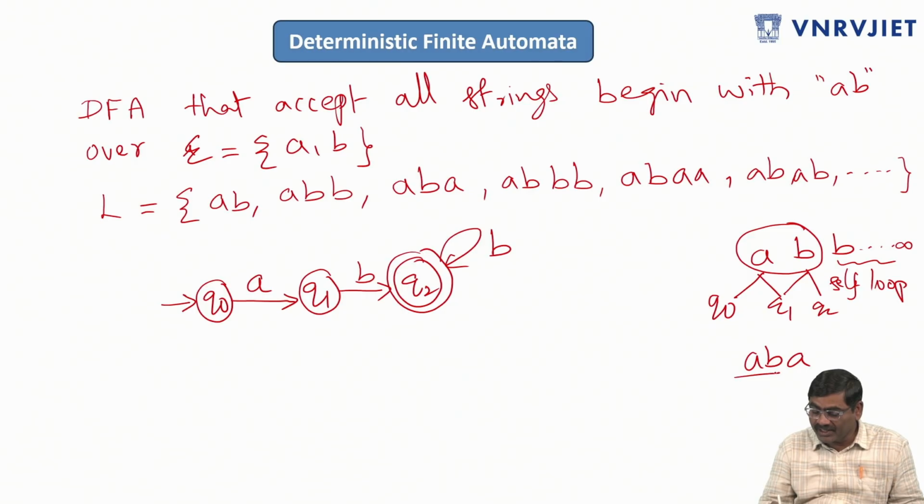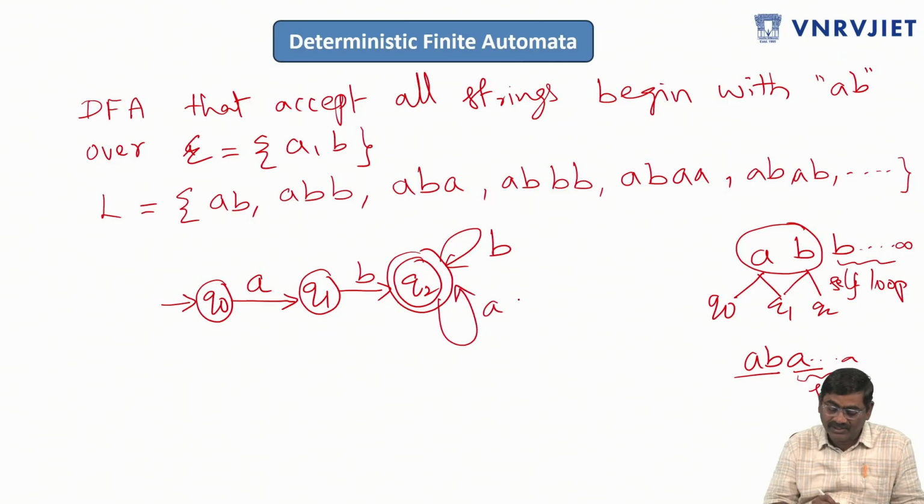All strings begin with AB and may include either A or B combinations. Here I am taking A after AB, so again this can be a self loop. In the final state, I am going to draw one more self loop for this. Okay, this is fine.